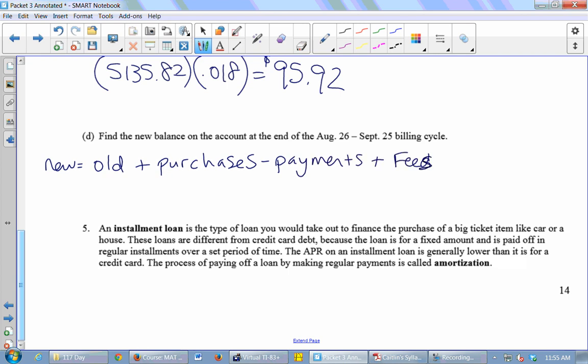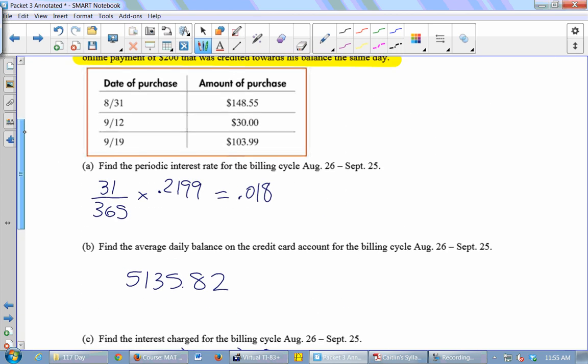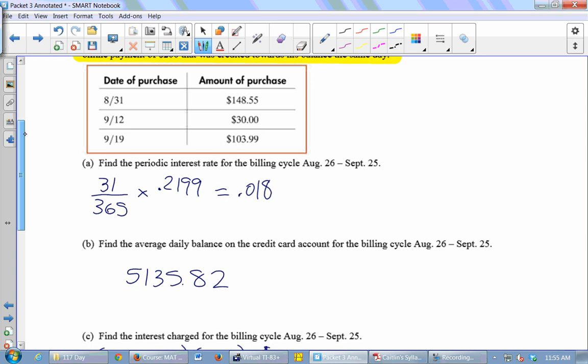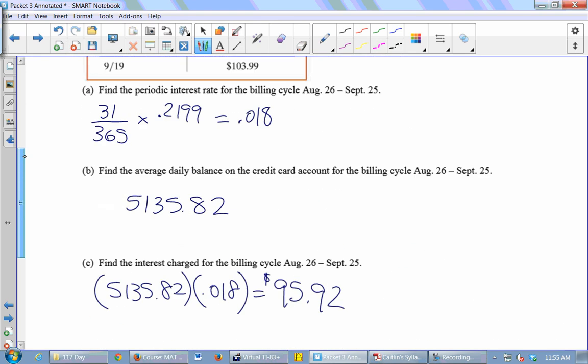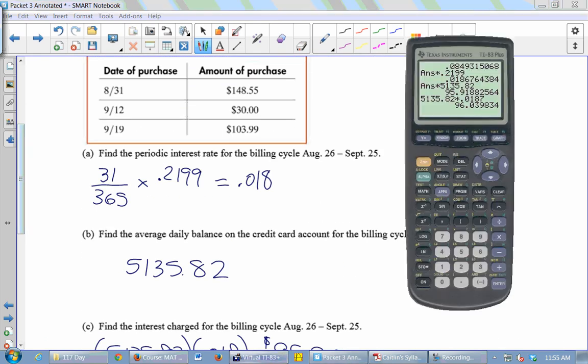Or interest, however you want to think of that. So my old balance was $5,000 plus purchases, which are all listed in this table. I could add them all up, right? So I'll do that. 148.55 plus 30 plus 103.99. 282.54.